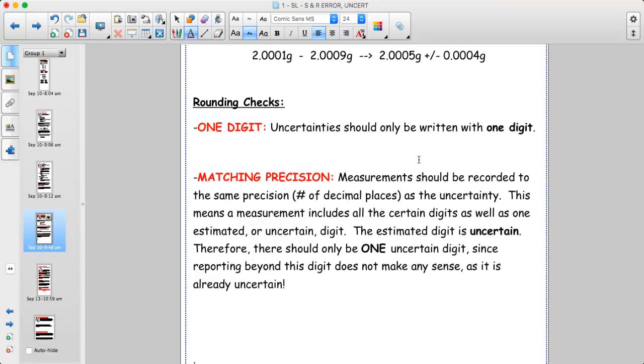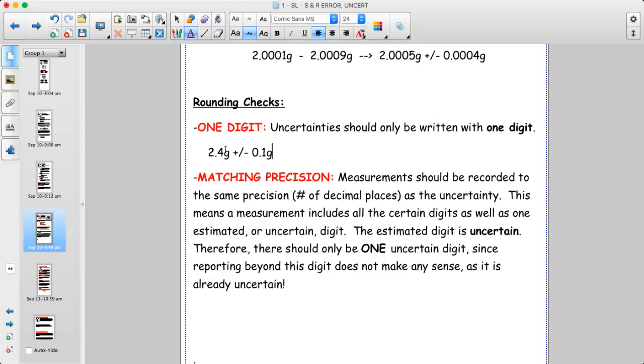The reason why you only want 1 digit: if I know that I have 2.4 grams plus or minus 0.1 grams, I know it's between 2.3 and 2.5.